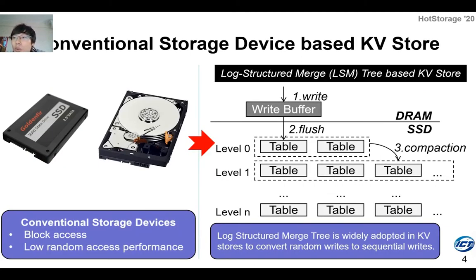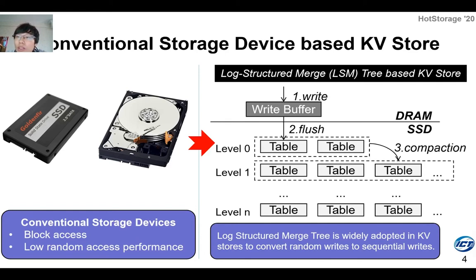Conventionally, storage devices are block-based, such as hard disks and solid-state drives. Their random access is slower than sequential access. Over the past decade, a number of research efforts have been made to design and optimize block device-based key value stores. Log-structured merge tree is a typical example and is widely adopted by existing key value stores.